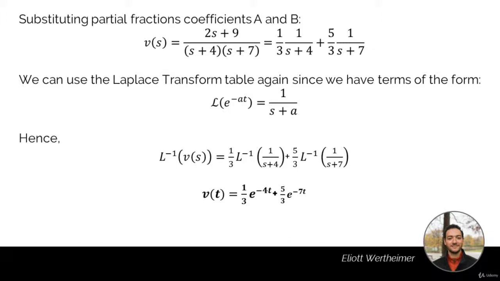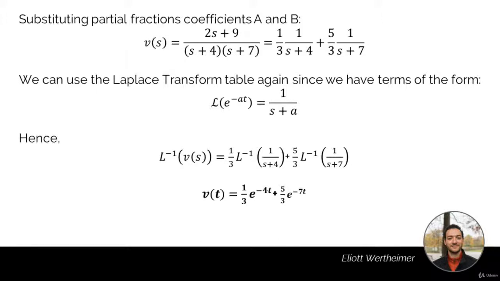You can use linearity properties to make it even easier. So you can put the 1/3 out, put the 5/3 out, as well as apply the Laplace transform one by one on each term of the sum. So once on 1 over s plus 4 and then once on 1 over s plus 7.